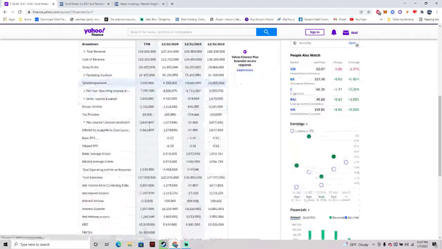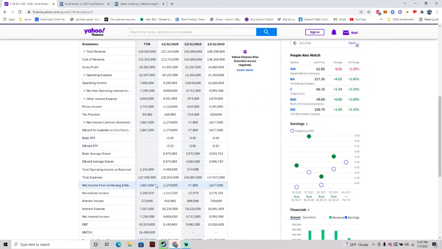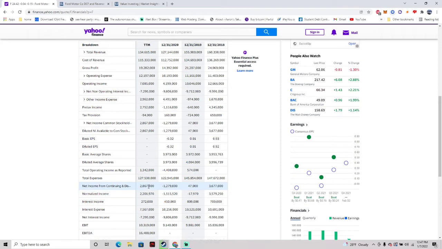We see 7 billion. We come down to net income from continuing and discontinued operations, and this is after all the other expenses that come with their profits. And so net income went from 3.6 billion to 47 million to negative 1.2 billion, and then the most recent trailing 12 months is 2.8 billion.